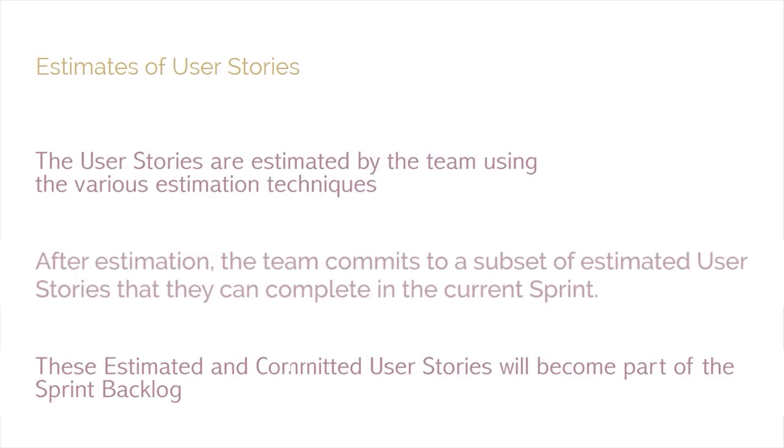Estimates of user stories. The user stories are estimated by the team using the various estimation techniques. After estimation, the team commits to a subset of estimated user stories that they can complete in the current sprint. These estimated and committed user stories will become part of the sprint backlog.